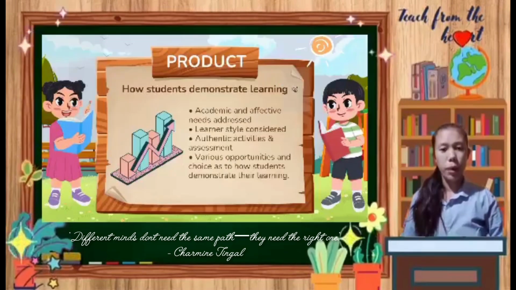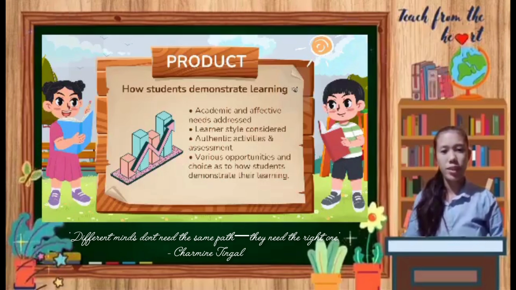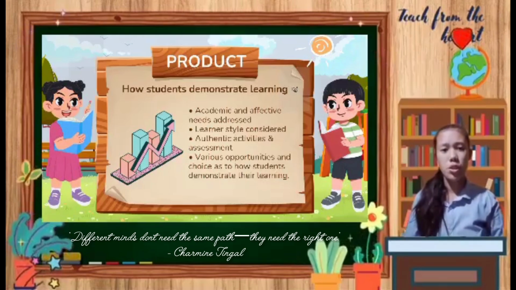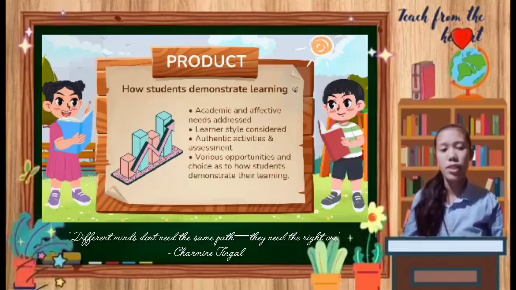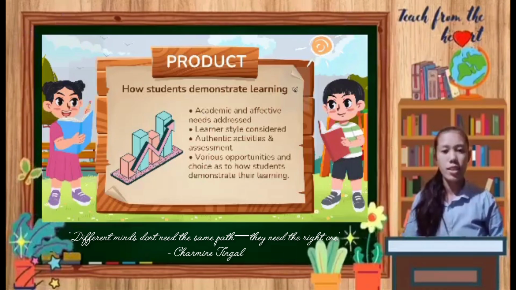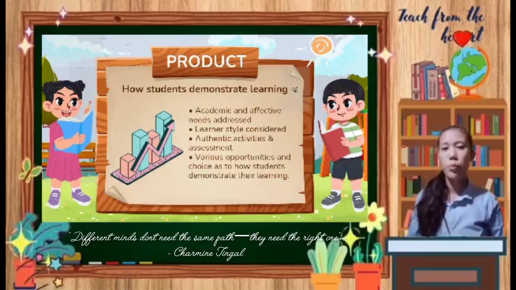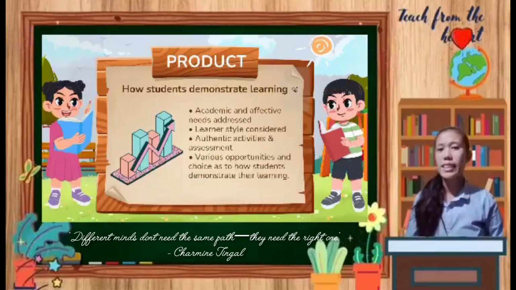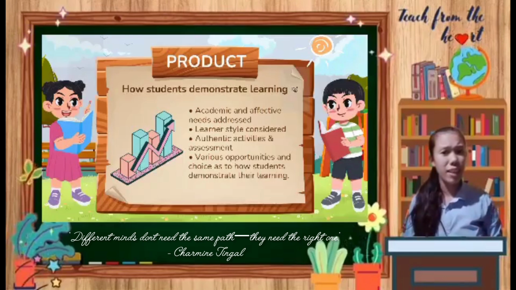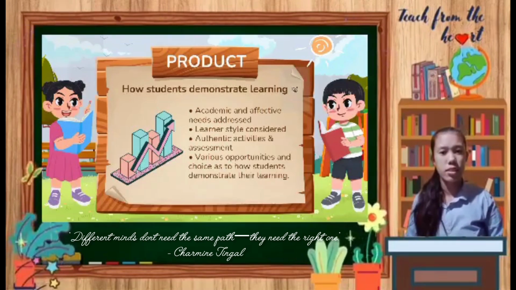So next is the product. When it comes to the product, or how students demonstrate their learning, differentiation ensures that both academic and affective, or emotional and social, needs are addressed. Teachers consider learner styles, offering various options for students to show what they know. Assessments and activities are authentic, meaning they connect to real-world experiences and skills.